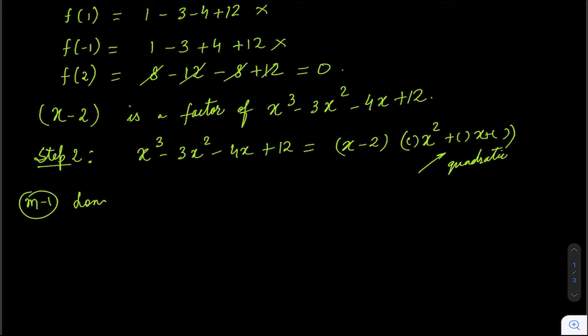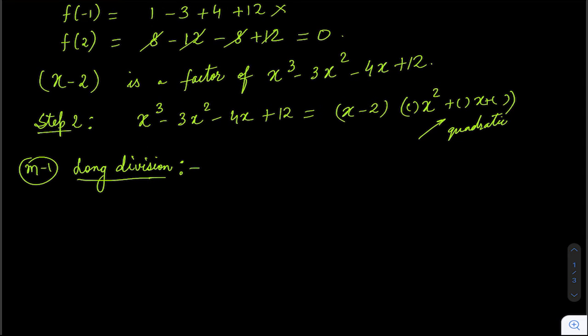Long division is what you have done in year 10 or year 11. You might have done it in year 9 also. We will divide these polynomials. So we will divide x cubed minus 3x squared minus 4x plus 12 by x minus 2. First is x cubed, so we take x squared.